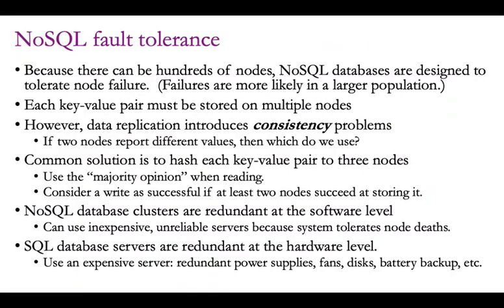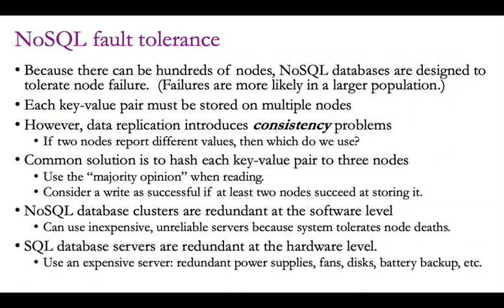Yeah. So another point: I mentioned already that NoSQL databases can have a lot of nodes, and therefore failures are more likely. So fault tolerance is built into the software, so that the database is designed to allow one of the nodes to die at any time and still carry on.